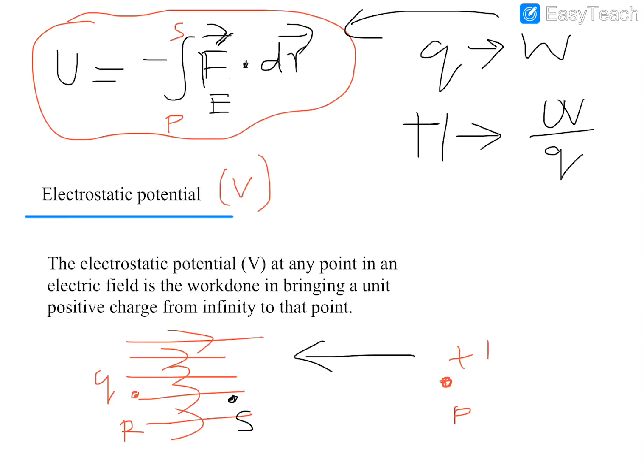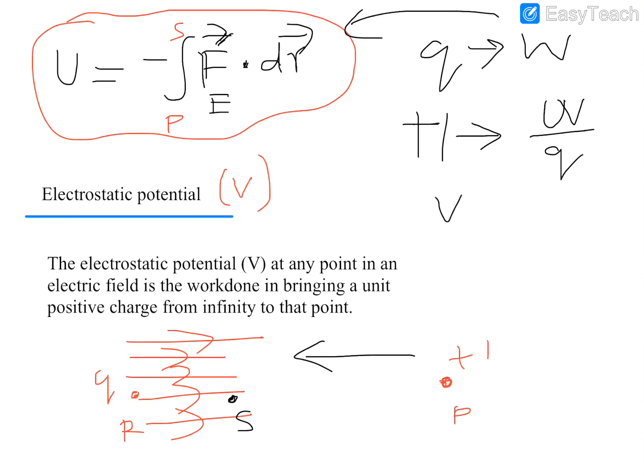This work you need to do in order to bring a unit positive charge from infinity to that point is defined as the electrostatic potential at that point. Here electrostatic potential at S is nothing but the amount of work done in bringing a plus 1 charge from infinity to this point.